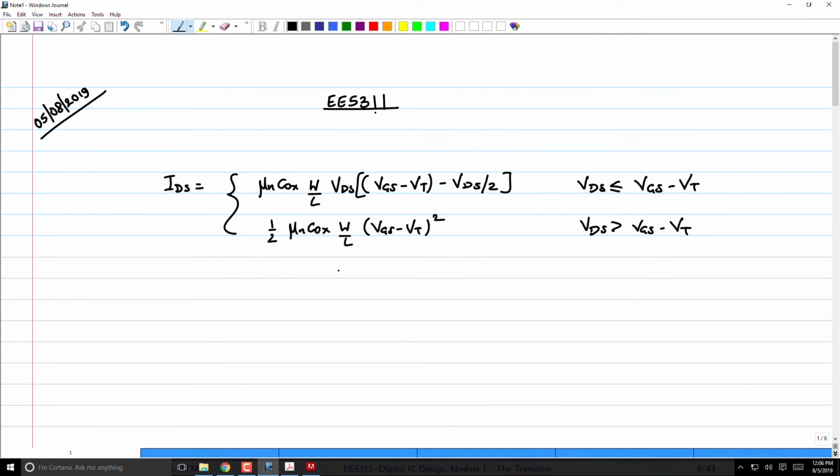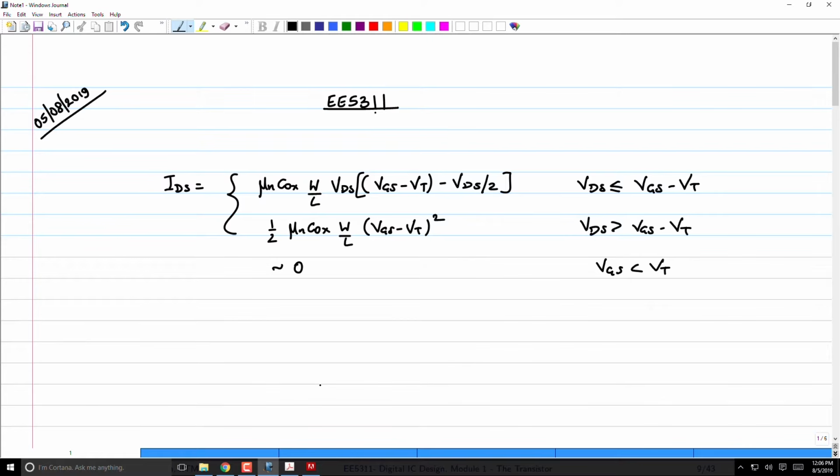There's one more condition. What happens if VGS is less than VT? The model is basically that the current is 0. Okay, let me put approximately 0. It's negligible actually. So now let's just complete.